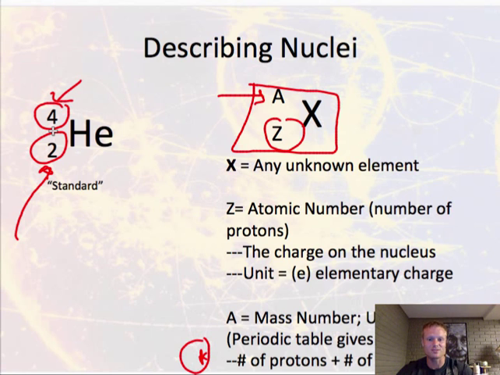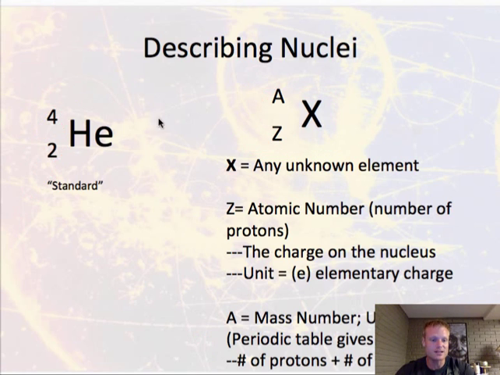We haven't talked about isotopes yet, but that's actually the next slide, so we'll get into that in just a second. But keep the schematics in mind: this little symbol here means the element you're talking about, in this case helium. The number down here is the atomic number, and the number up here is the atomic mass number.